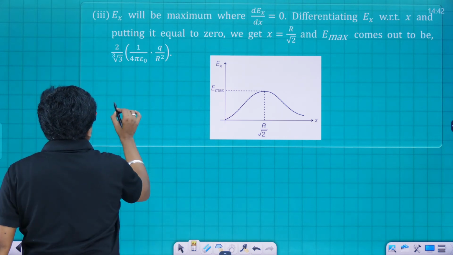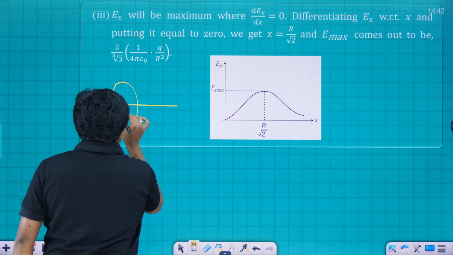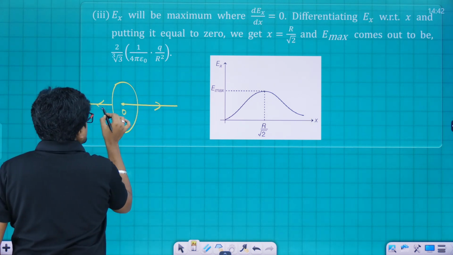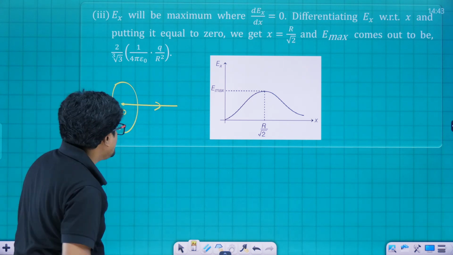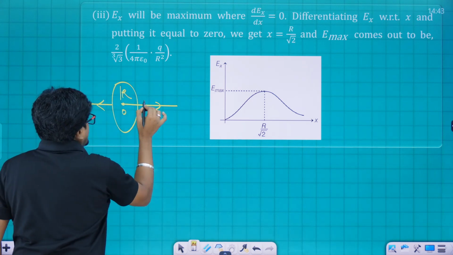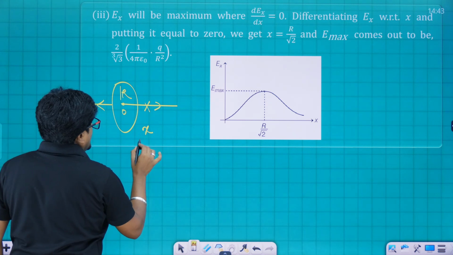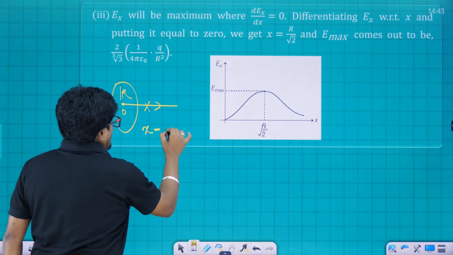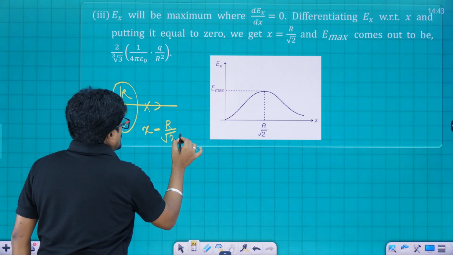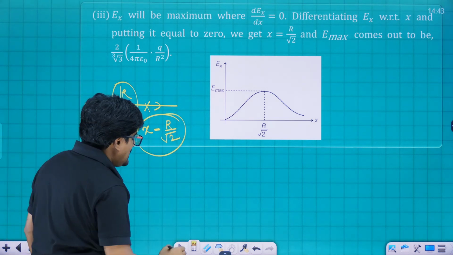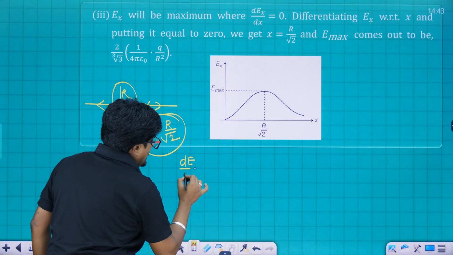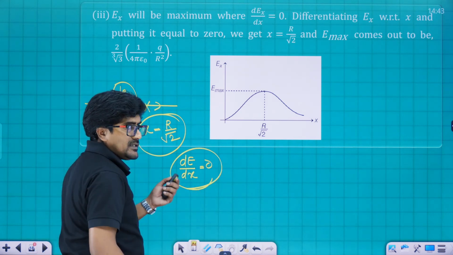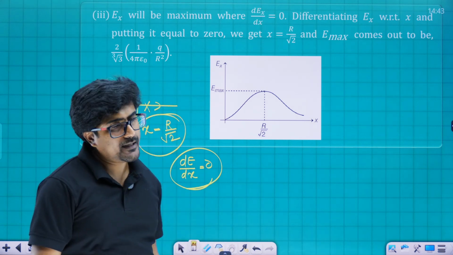If we consider the distance from the center of the ring along the positive x-axis direction or along the negative x-axis direction, where capital R is the radius, then the electric field is going to be maximum at a distance x equal to R divided by root 2. How do we get that? I'm just giving you a hint: take the derivative dE by dx and put that equal to 0. It's the condition for a maxima or minima case.